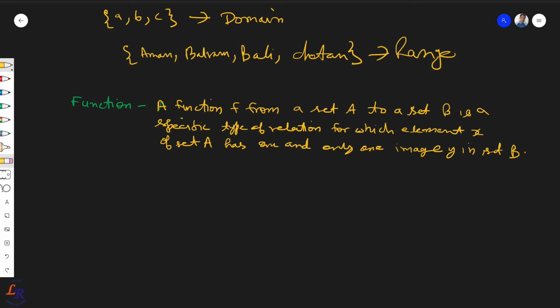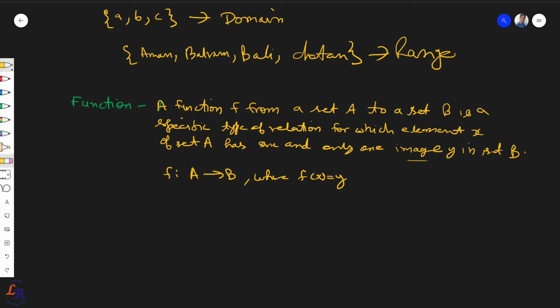So now I think you understand the technical terms, what is set, what is element, and what is image, as we discussed just now. So it says that a function f from a set A to a set B is a specific type of relation for which element x of set A has one and only one image y in set B. So you can write it as f: A to B, the relation where f(x) is equal to y.